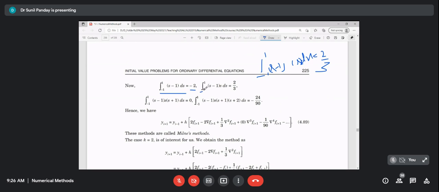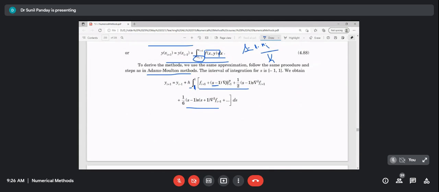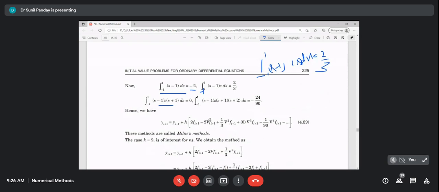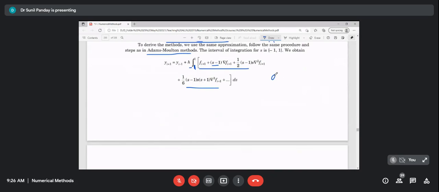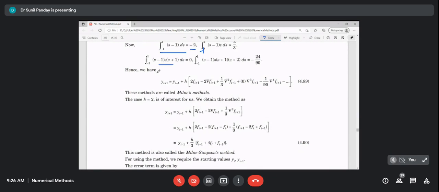And the integral from minus 1 to 1 of (s minus 1)(s plus 1), if you integrate, we will get 0. So we'll evaluate all these integrations and substitute all these values in here. If we substitute all these integral values, we have this as Milne's method.